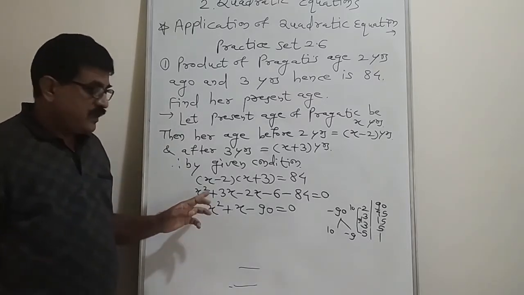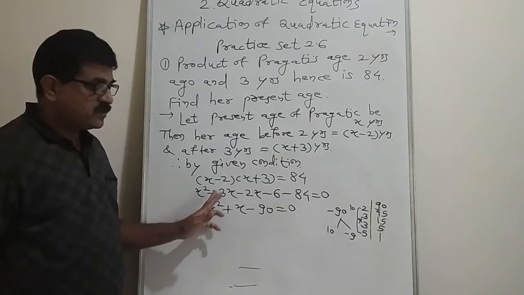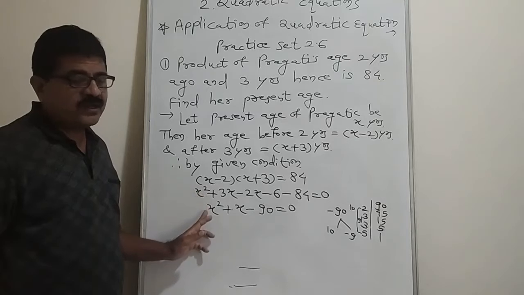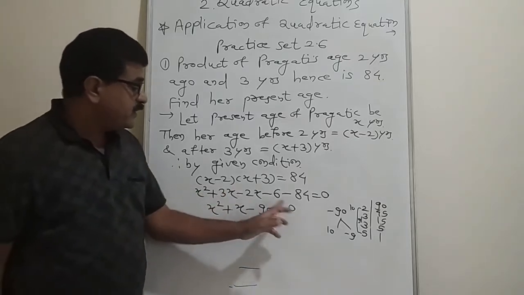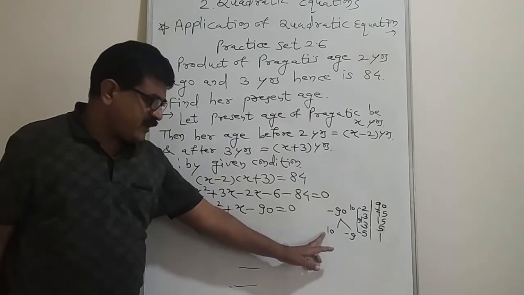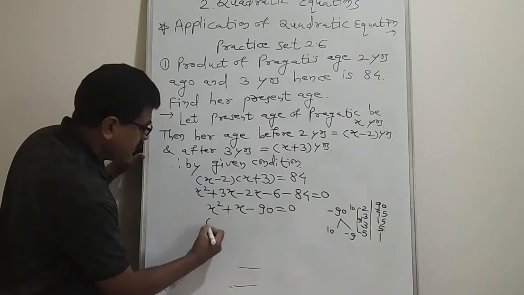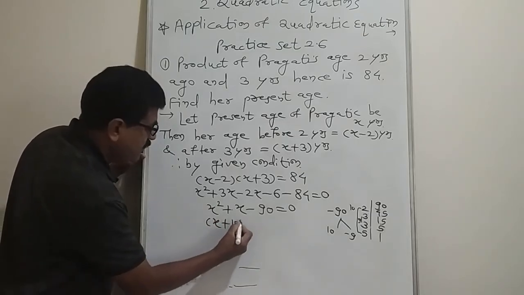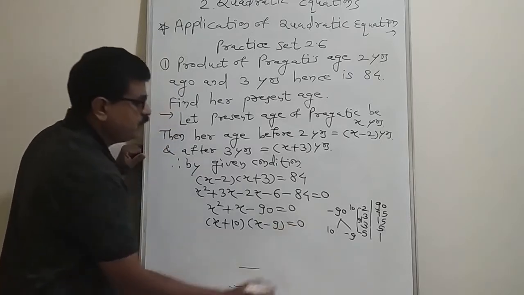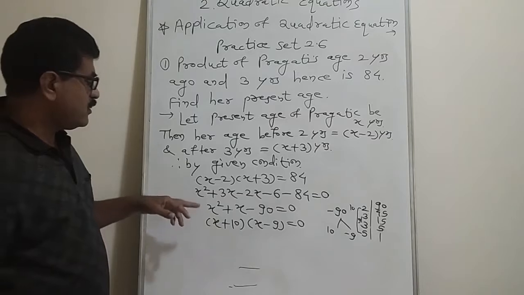Now here if coefficient of x square is 1 in this quadratic equation, then we can write its factors directly as x plus 10, x minus 9 equal to 0. Now we see whether this is correct or not.